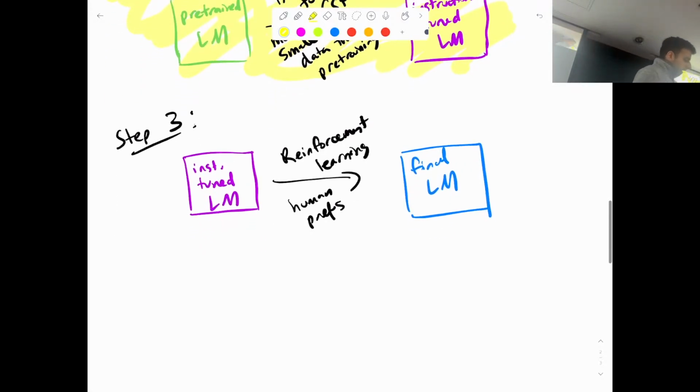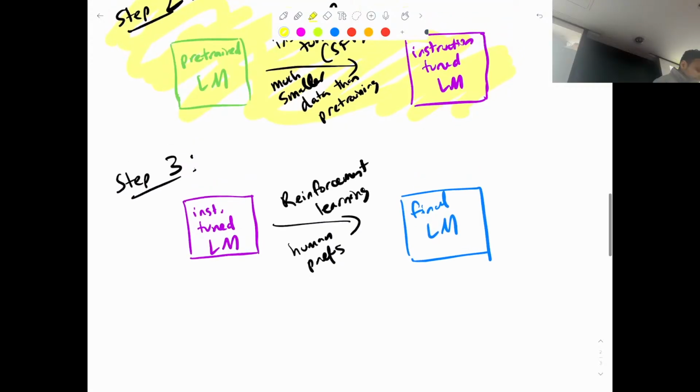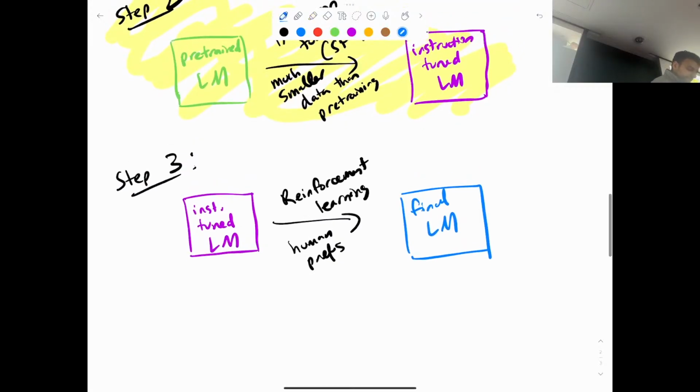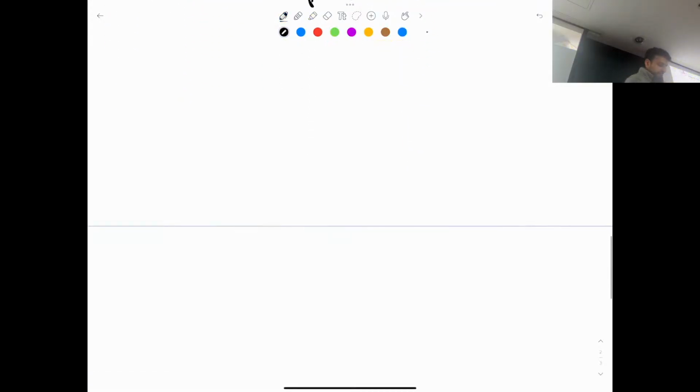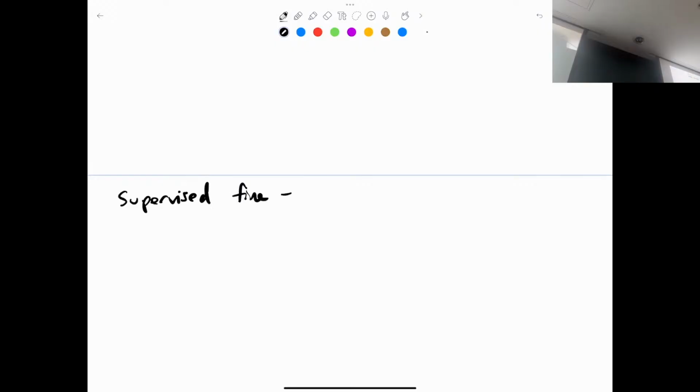Okay, so let's get started with first, just introducing the concept of fine-tuning, or SFT.